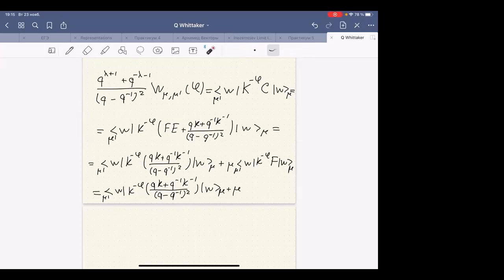When I move F to the left, it will act on the dual Whittaker vector and we will obtain mu prime. And because of these manipulations, the argument of phi, I mean K minus phi, will become minus phi.